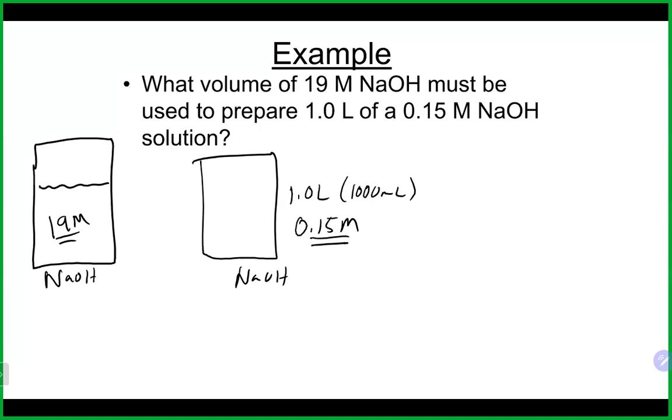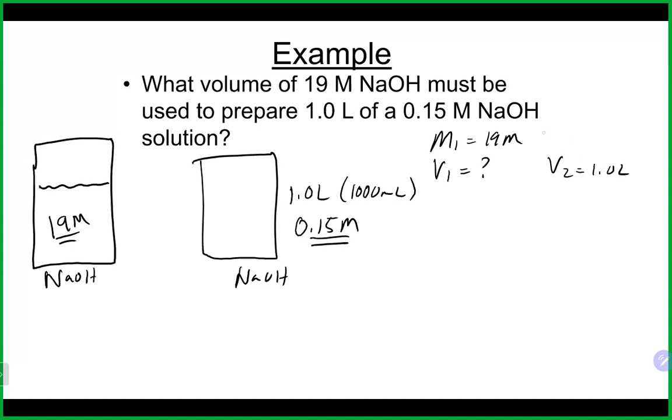Like I said before, it doesn't really matter which one you put for which, but usually the more concentrated ones are the ones. So our M1 here would be 19 molar as that's the more concentrated. We do not have a V1, but we do have a V2, which is 1 liter.